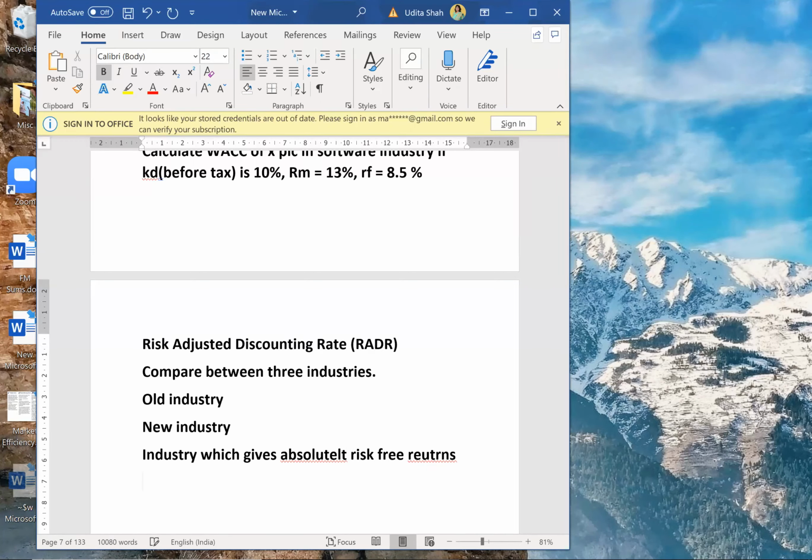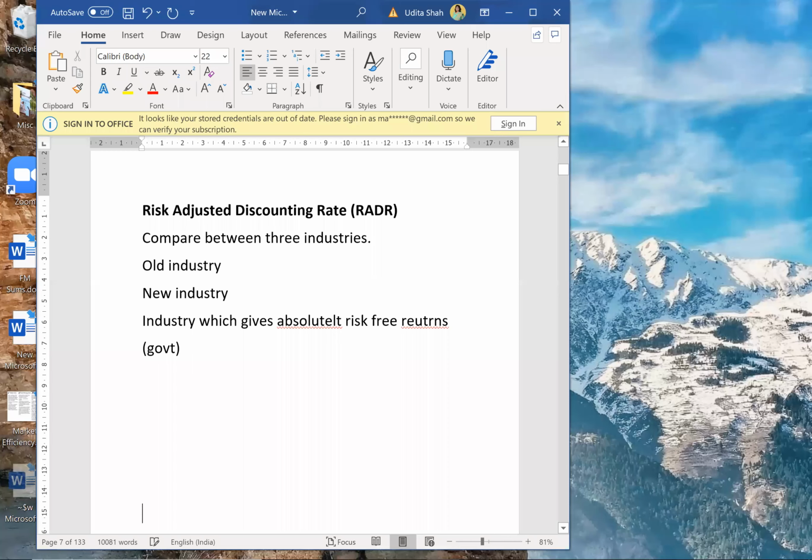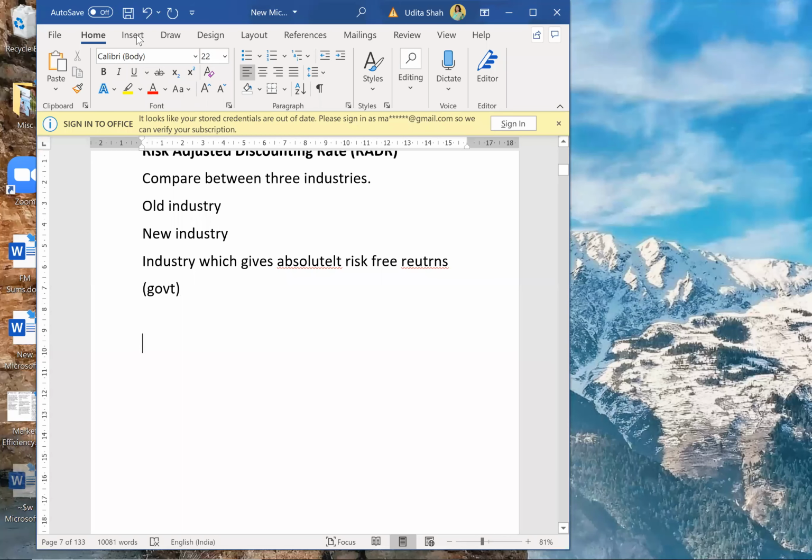Means which industry? Nothing but your government. So here we will involve government as well in our calculation. In RADR we will have to involve government also. So I'll just give a simple table, so in tabular form it will be easier for you guys to understand.